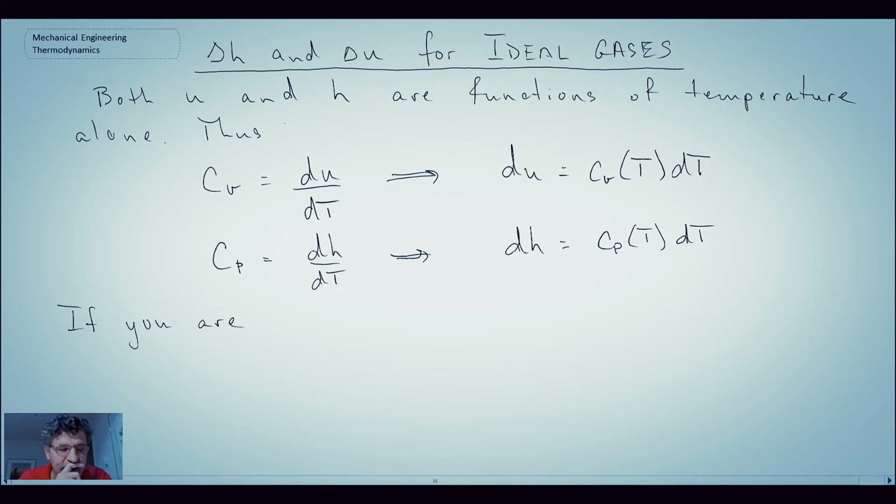And we can make a couple of approximations. It depends upon the process that we're looking at. Notice that the specific heat at constant volume as well as the specific heat at constant pressure are functions of temperature. If the temperature change we're dealing with is less than about 200 degrees C, we can make an approximation by using the average specific heats. If it goes beyond that, then you need to use the tables in the back of your textbook, enabling you to calculate the change in internal energy or enthalpy of an ideal gas.